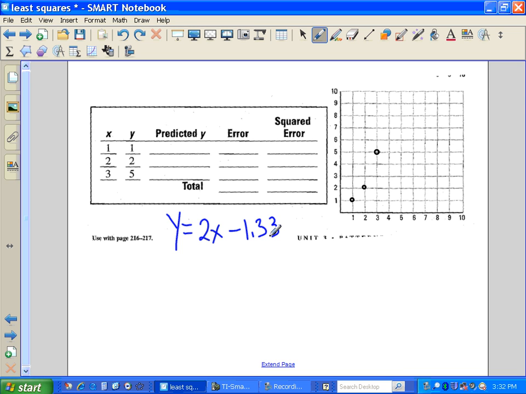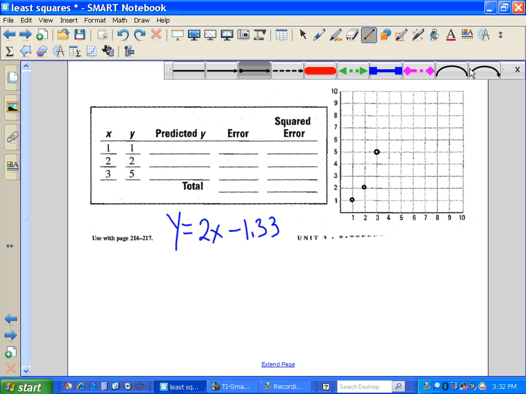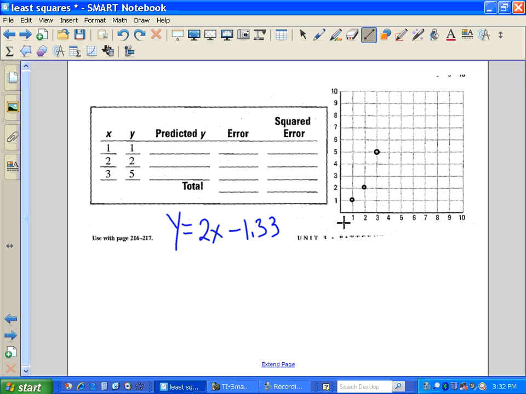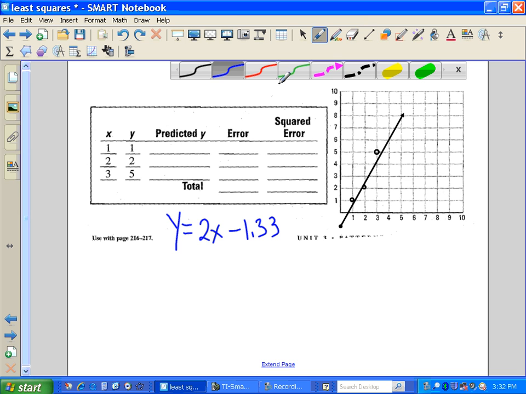When we draw in this best fit line, I'm starting at negative 1.33, which is about here. I'm going up 2 and over 1, so it's going to be approximately here. Notice how that line fits those points much better, and in fact, there's not a very big difference here.